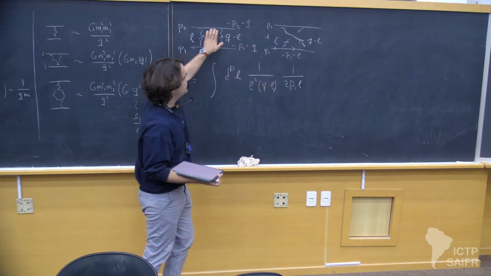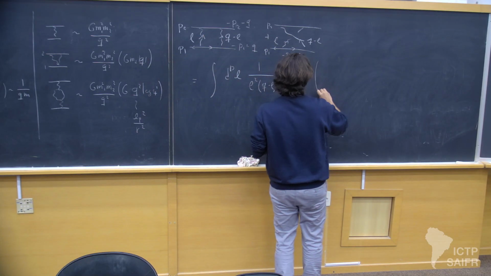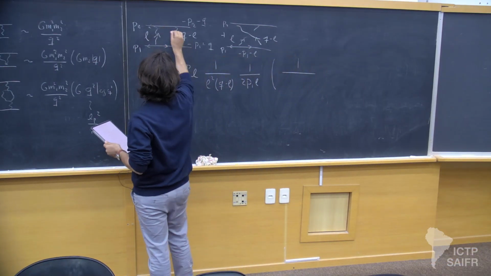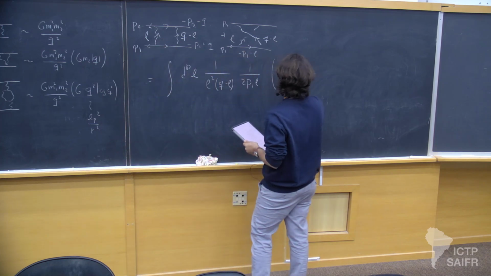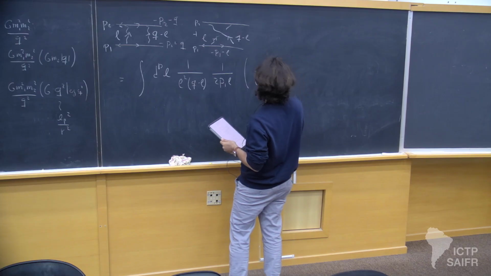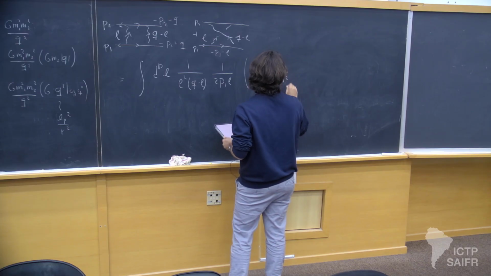And then what's the difference between these two? Okay, let me write first the unexpanded version. So this one here, notice that L here is incoming, so this is going to be L minus P2 squared minus M2 squared.